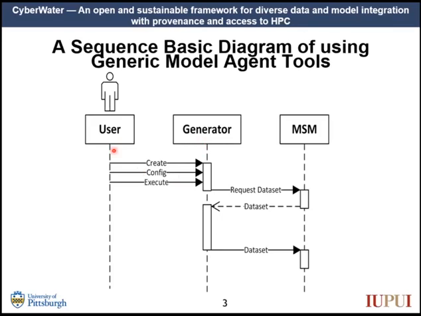First, the user needs to create those generators, the building blocks for your agent. Then all you need to do is configure those building blocks based on the specific model that you are going to integrate. Different models, of course, need those building blocks configured in a different way.